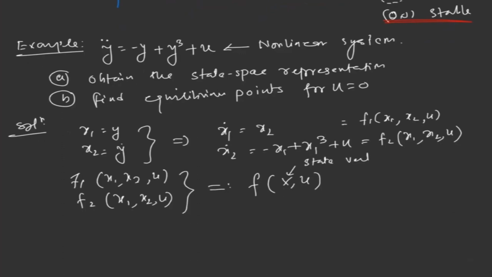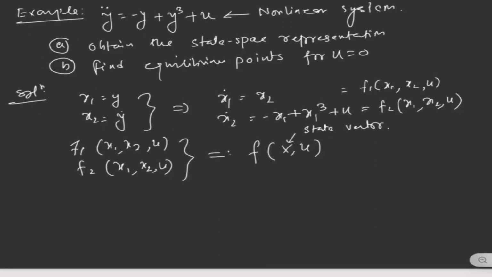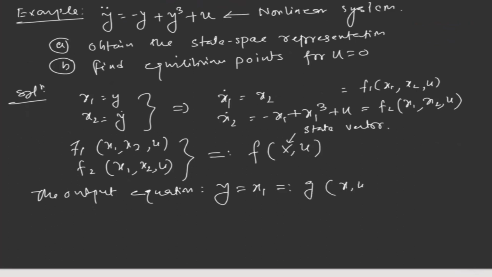And the output equation we can write as y equal to x1, because y is the only variable we are measuring here. So the output equation y equal to x1 is nothing but g(x, u). We use the same notations as we mentioned during the linearization technique.